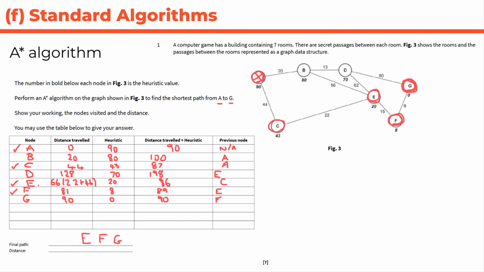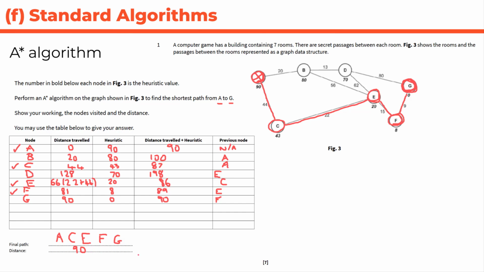Look at E's row. E went via C. Look at C in the table. C went via A. So the path I took was A to C to E to F to G. That was my calculated fastest route, and it took a distance of 90 to get there.